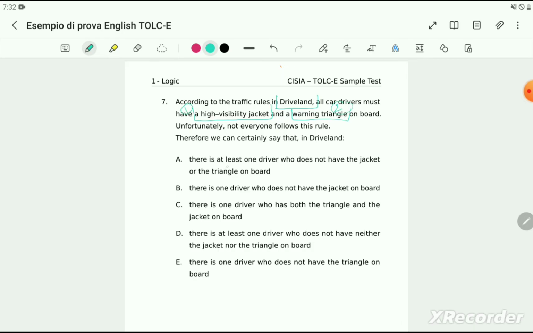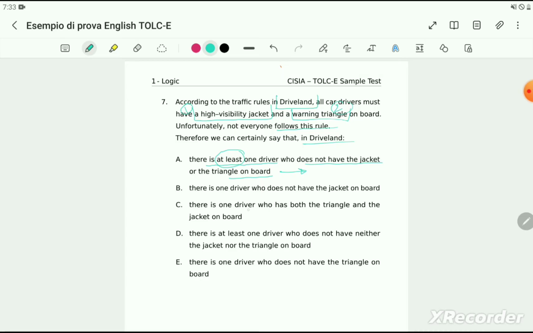These 2 things have to be on board. Unfortunately, not everyone follows the rules. Therefore, we can certainly say that in driverland, there is at least one driver who does not have the jacket or the triangle on board. At least, again, at least one driver. Yeah, definitely it could be an answer.